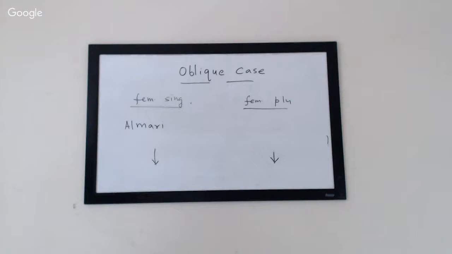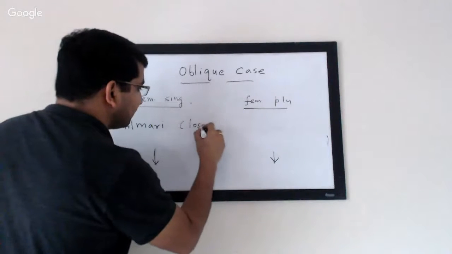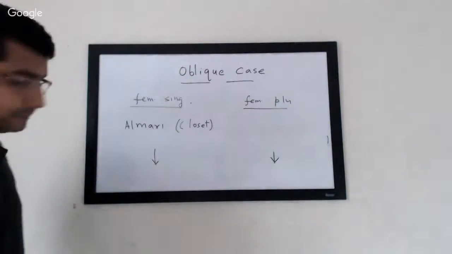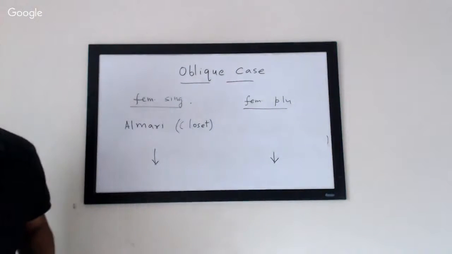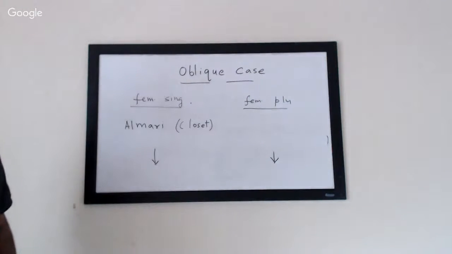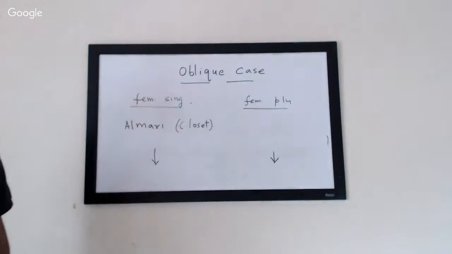Try it. I mean, like a closet, right? Almari, right? So in this case, try it. Okay, good. Almari is like a closet, or it's also known as almirah, right?